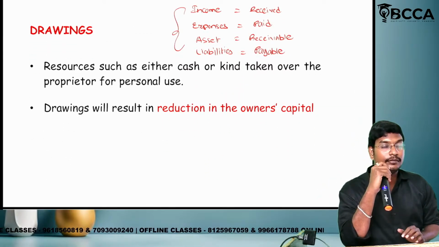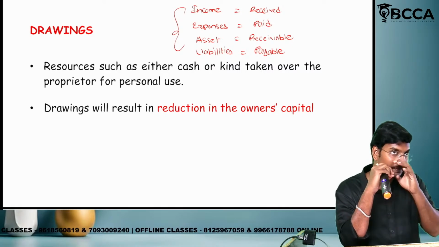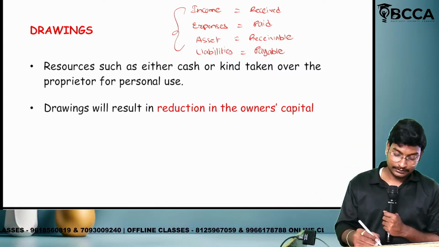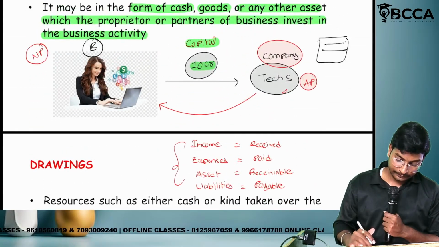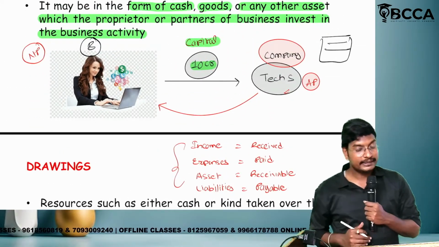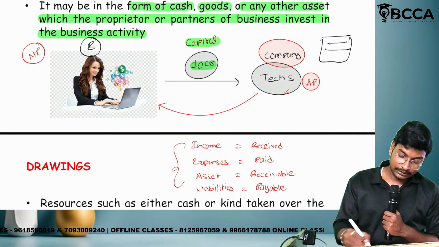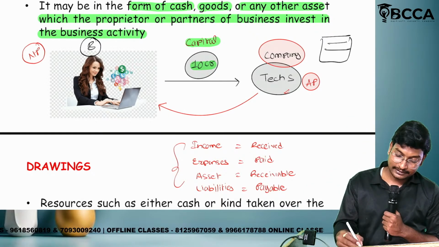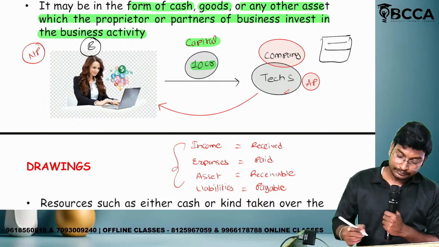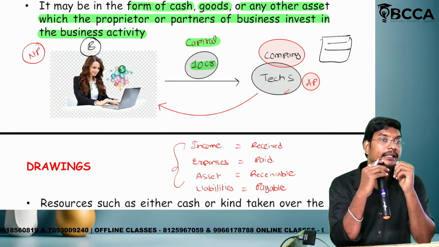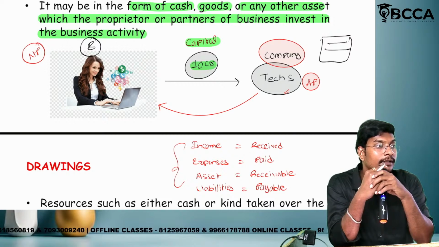Next one, drawings. What is the meaning? Again I will take the same example. Here first she has invested 10 crores. Profits we will get only at the end of the year.